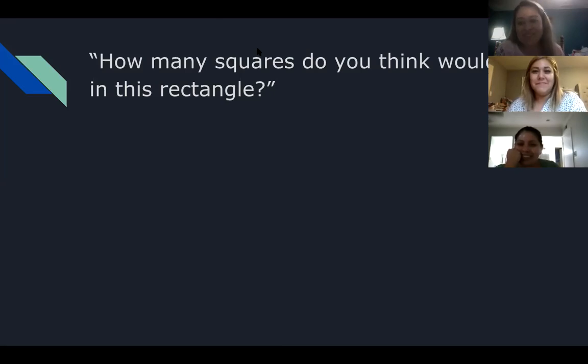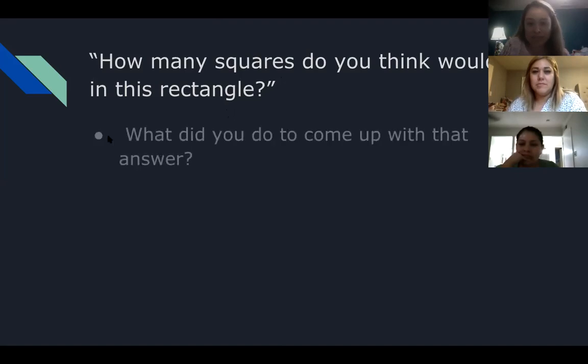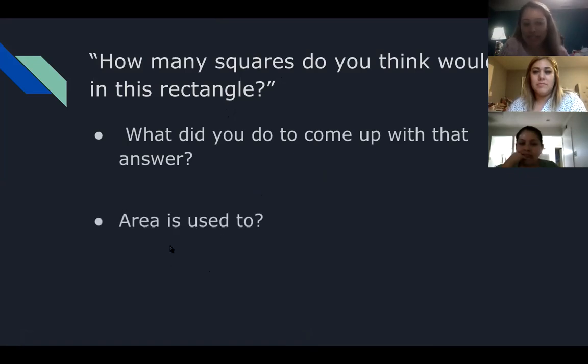But basically, to find area, we're supposed to multiply, and that's how we find the area.